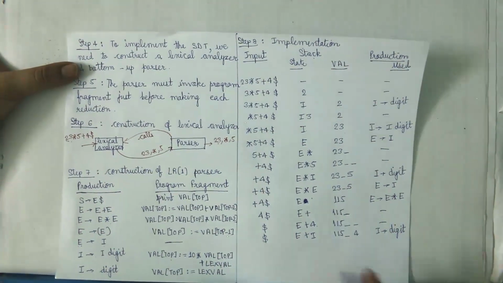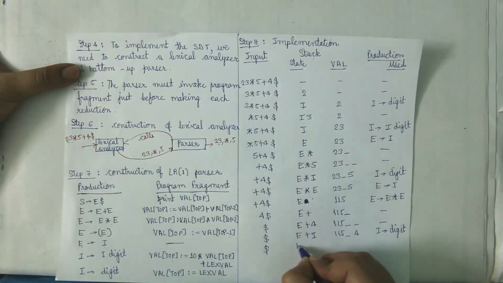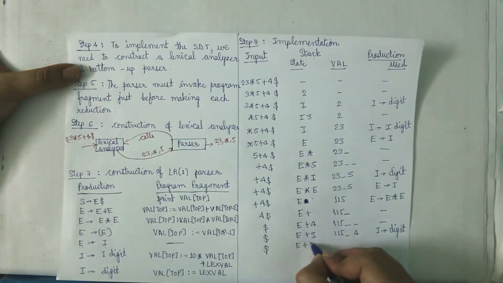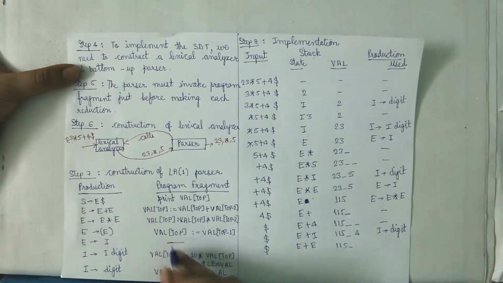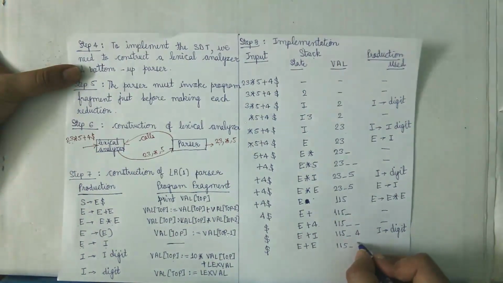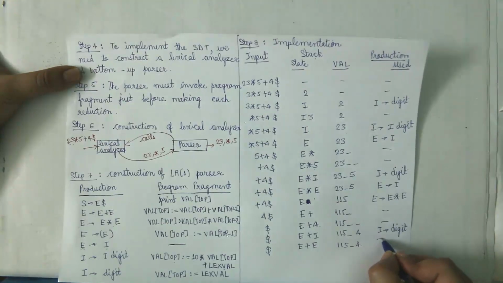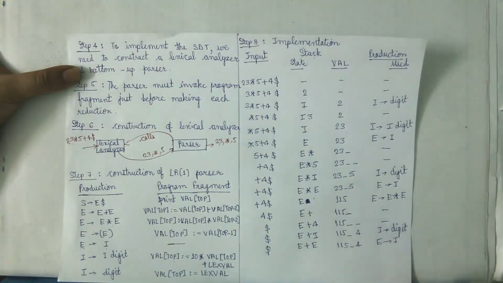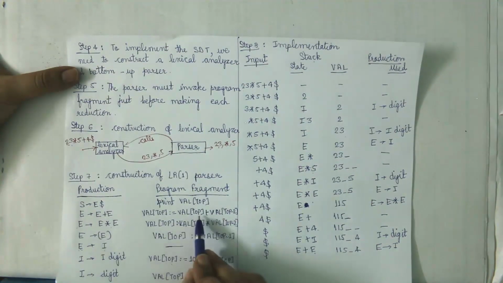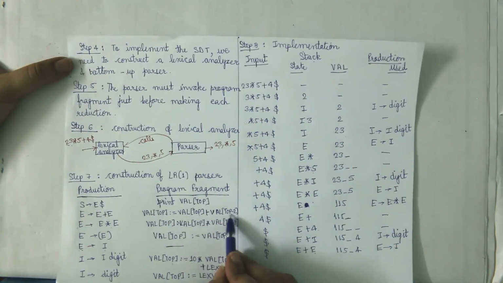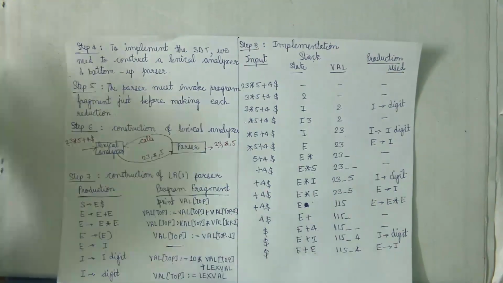Next step is we reduce I to E, and there is no change in the values, so this is 4 as it is, and we have used E tends to I. Now for E plus E, again you have to do the same: top minus 2, add them and store the new value.